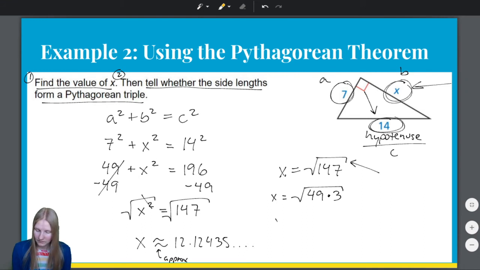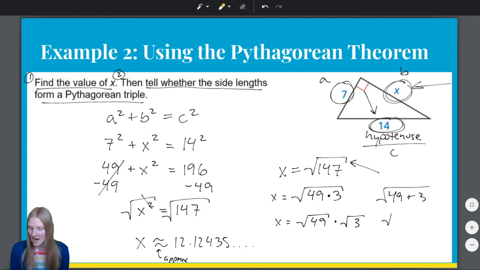Now, I can split these square roots, or these radicals. Remember, if we are adding, you absolutely cannot split them. You cannot do that. But if we're multiplying, you can. So this is good. Now, what is the square root of 49?